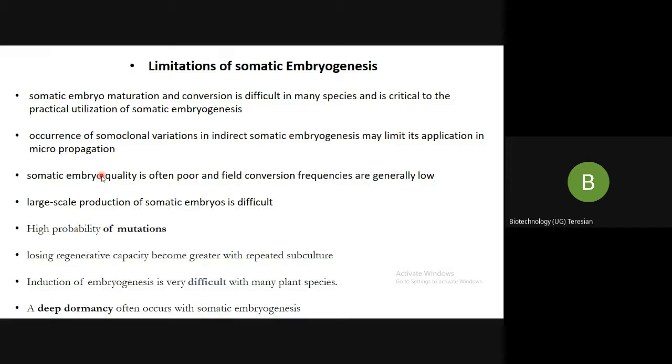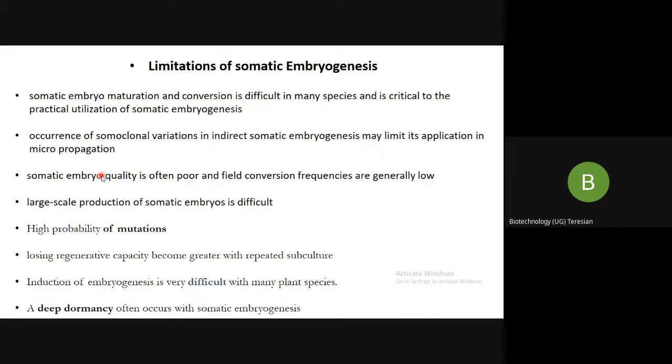I don't want mutation, I don't want variations, but still these things happen naturally. Losing regenerative capacity becomes greater with repeated subculture. So we have to go for subculturing, otherwise there will be chromosomal instability.